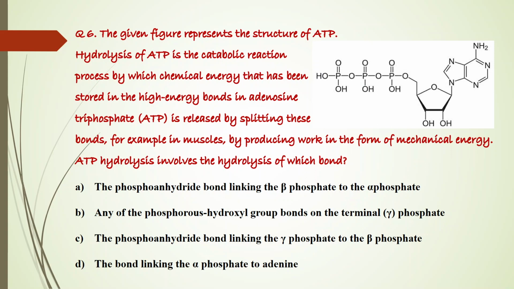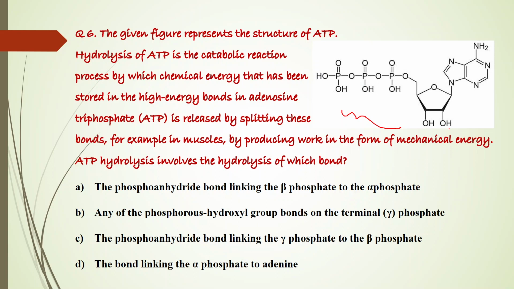You have the structure here for ATP. Now among all these bonds, you have to identify which bond gets hydrolyzed in case of ATP during the production of energy. There are 4 options.